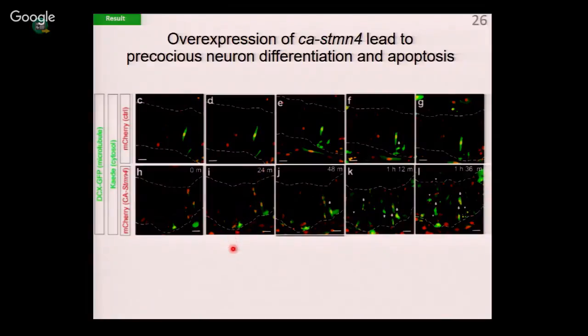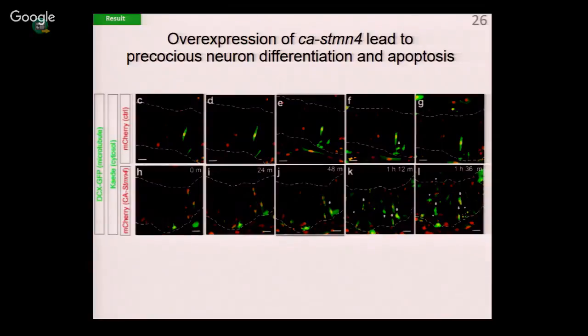We know that the time lapse starts at 13 hours post-fertilization, which is the neural keel stage. After 48 minutes, we can see a neural progenitor cell form in the treatment of overexpression of CA-STEM4. Over time, more and more neuronal progenitor cells and also apoptotic cells occurred.